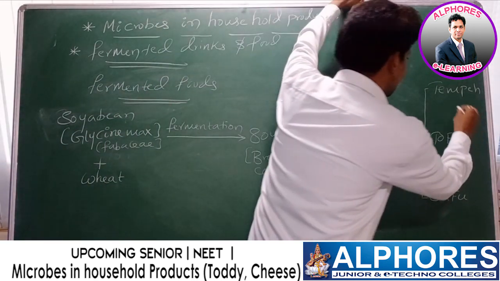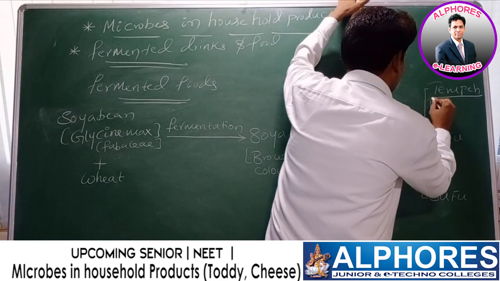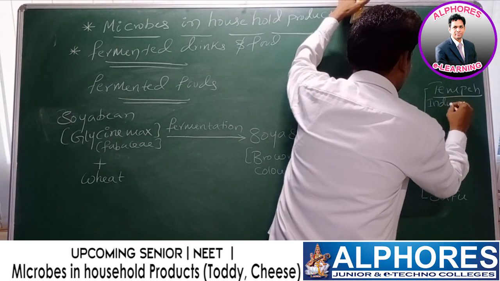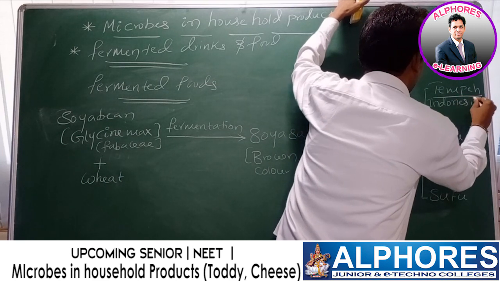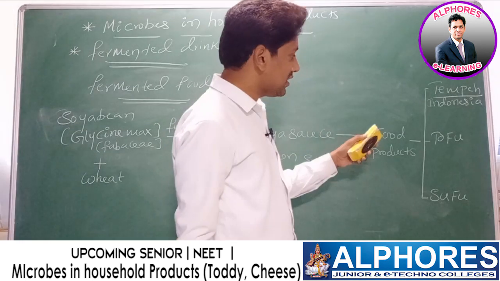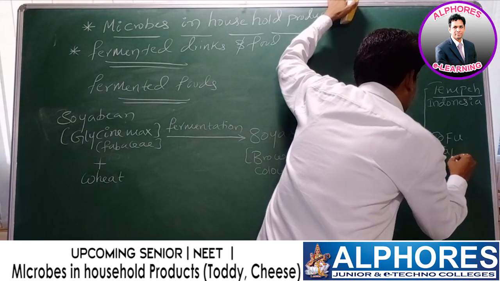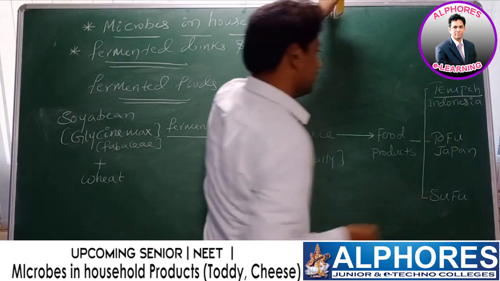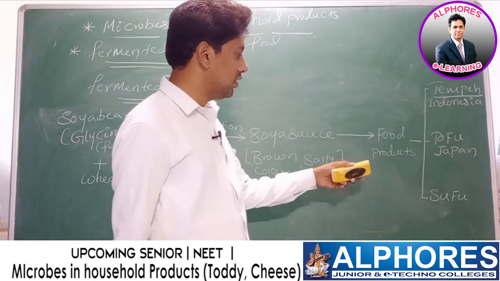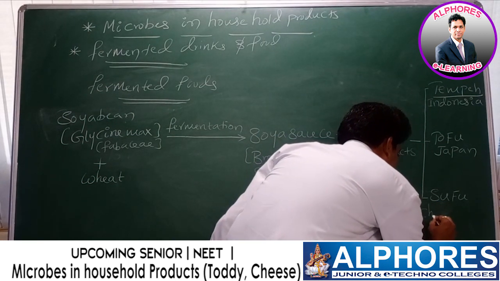Sir, what is this tempeh? It is a food product of Indonesia. Tempeh is a food product of Indonesia, whereas tofu is a food product of Japan, whereas sufu is a food product of China.